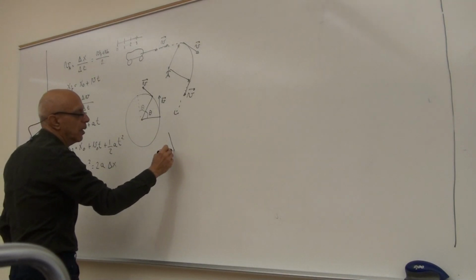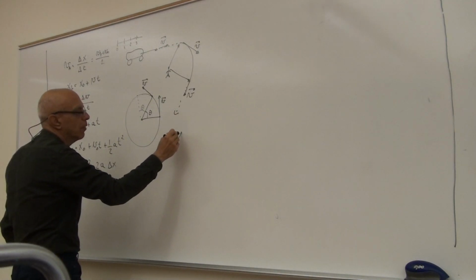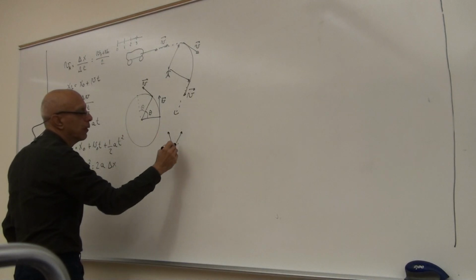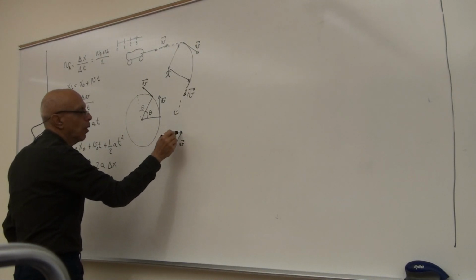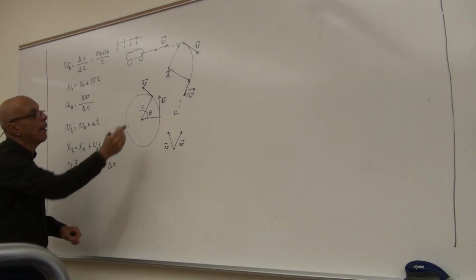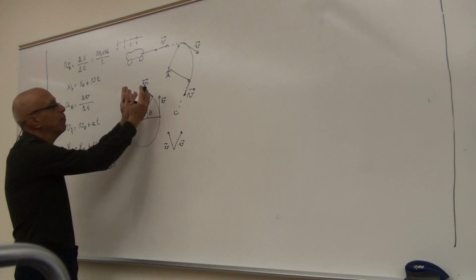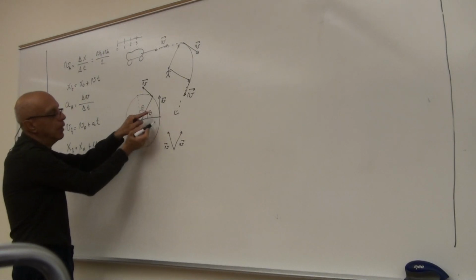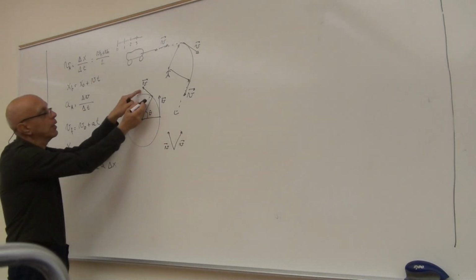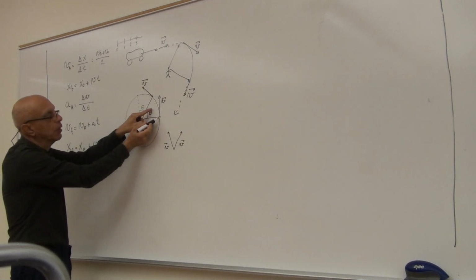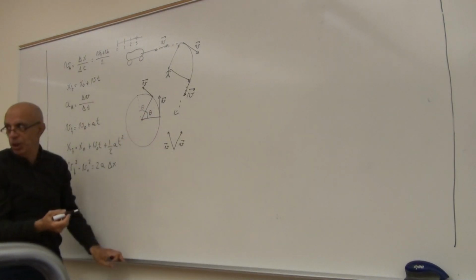So if I have here one vector this way and the other vector this way, there will be a change from here to here. You see that? If I bring this guy down here, I just brought this vector down to this position, and what was the change?